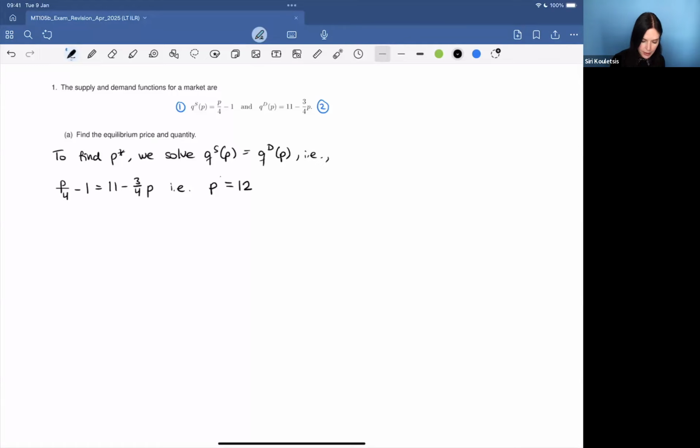And so this is our P star, the equilibrium price.